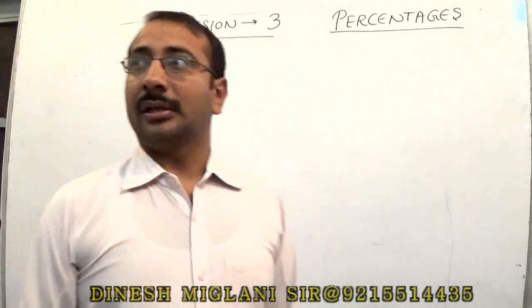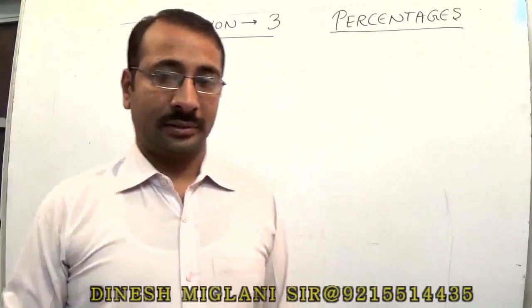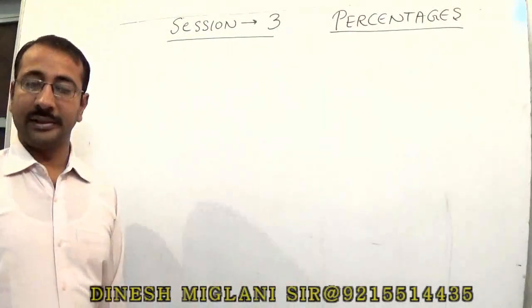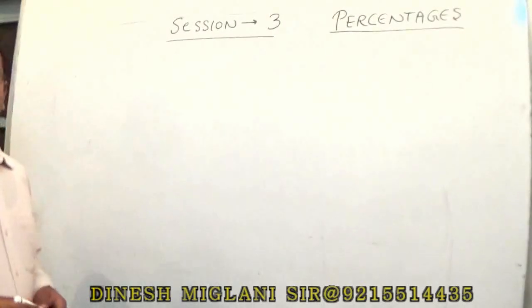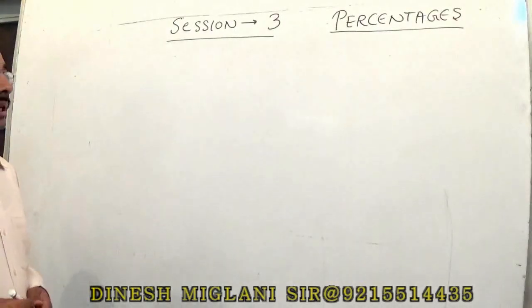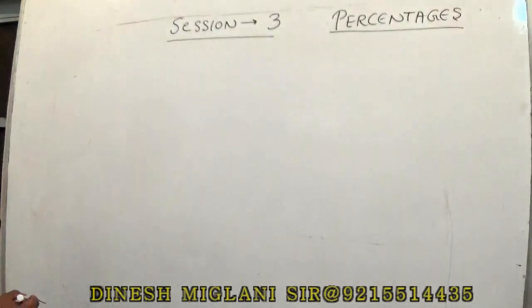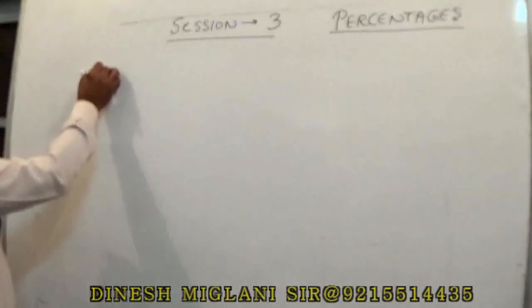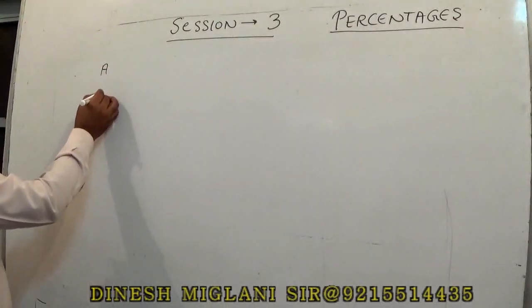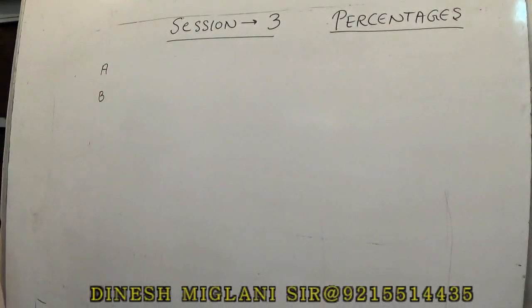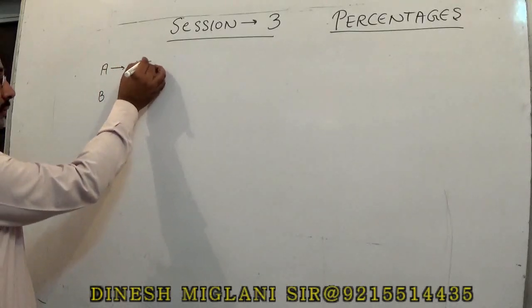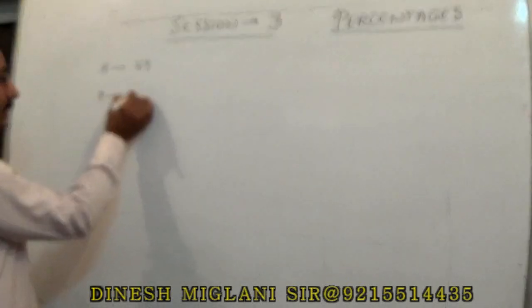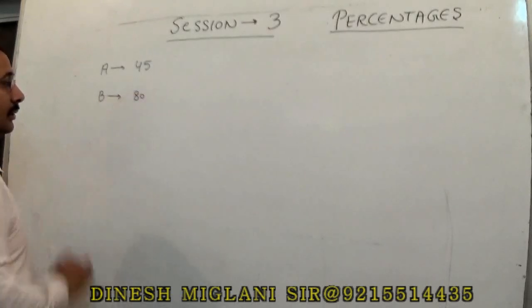Now, before starting with the concept, first of all there is a need to understand why this concept came into the picture, why it started. We can start with an example. Suppose there are two persons, A and B. In an exam, A gets 45 marks and B gets 80 marks.